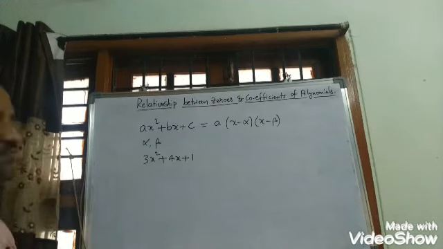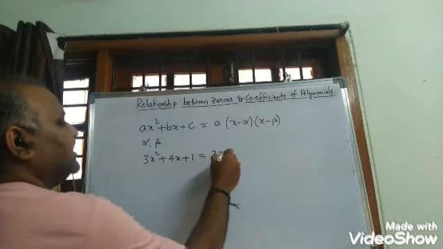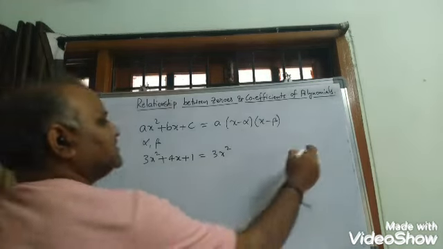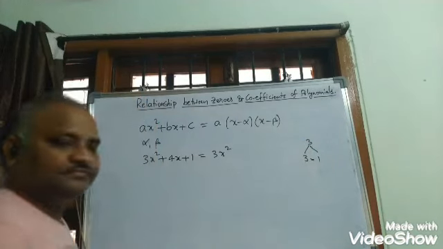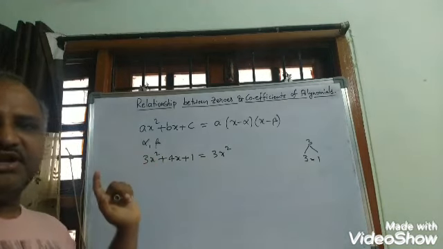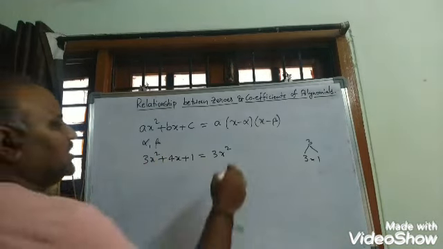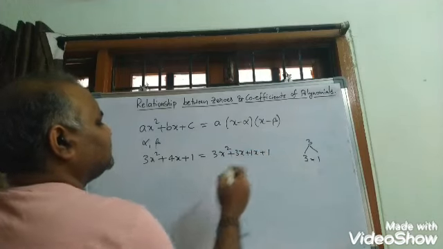If we factorize this, how can we have the factors? For 3x square, 3 into 1 is 3, so 3 can be factorized like this, 3 into 1. And 3 plus 1 is 4, which is the coefficient of the middle term. So directly we can take 3x plus 1x plus 1.